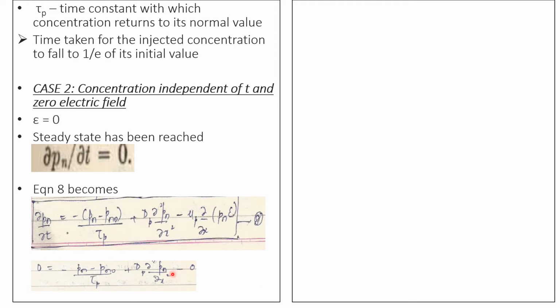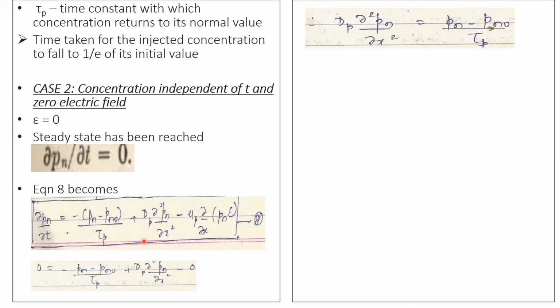Epsilon is 0. So only these two terms will remain. Rearrange this equation in this way. You can take D_p on the other side. We get ∂²p_n/∂x² is equal to (p_n minus p_n0) upon D_p tau_p. D_p tau_p can be written as L_p squared. Equation 11.